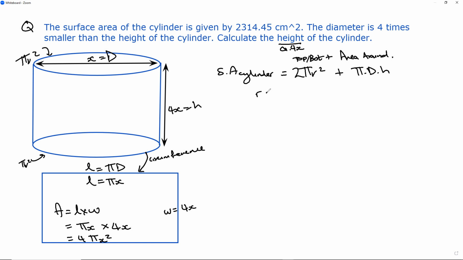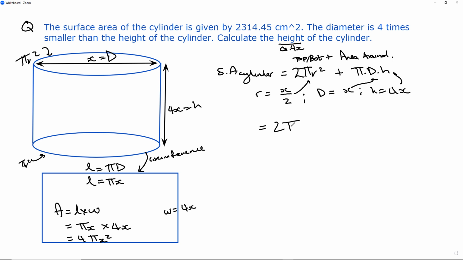All right, so what's my radius? My radius is half my diameter, which is x over 2. What is my diameter? My diameter is x. And what is my height? My height is 4x. So I'm going to substitute that in for r, this in for diameter, and this in for h. And I'm going to end up with the following.